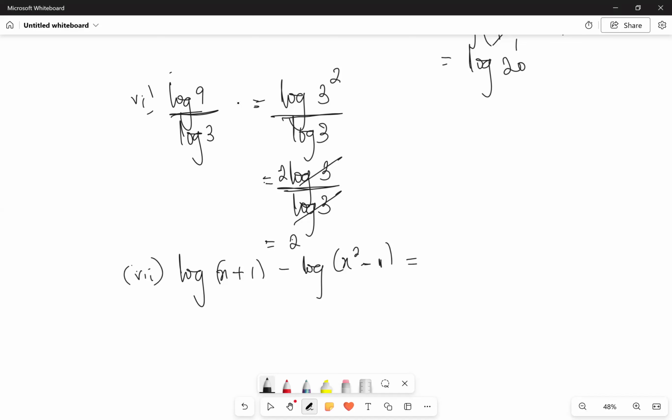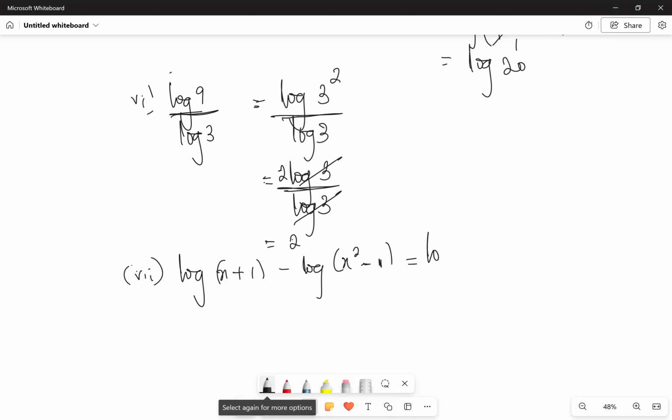I believe by now you're done writing. So let's look at this question. With this question, you will need a little idea in algebraic expression to be able to tackle that effectively.